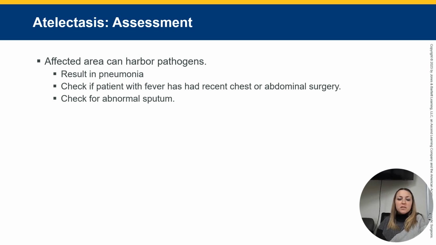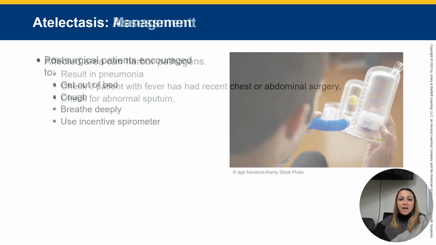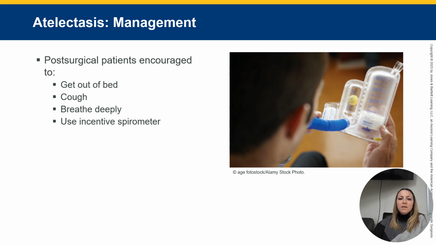So you do want to check if anybody has a fever, or has had any recent chest or abdominal surgery. You want to check for any abnormal sputum. Anything abnormal would be anything that's green, brown, pink, anything that's not what you would expect to see, right? Just making sure you're looking for that as well.